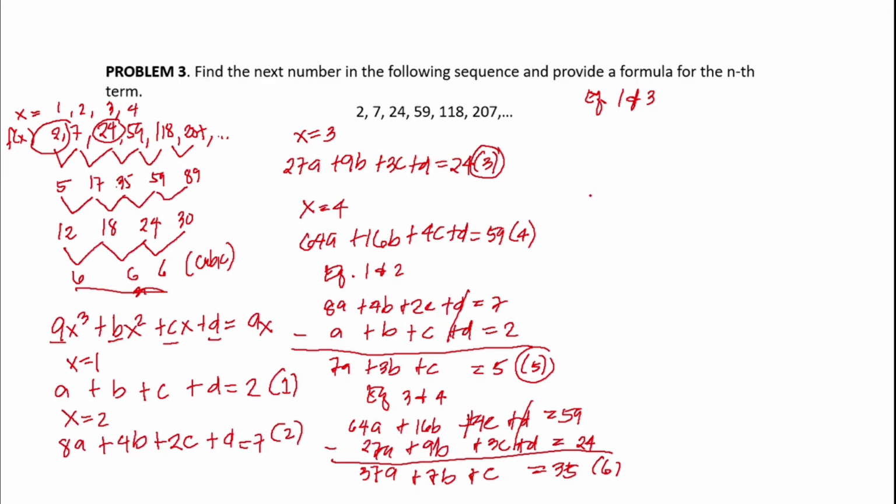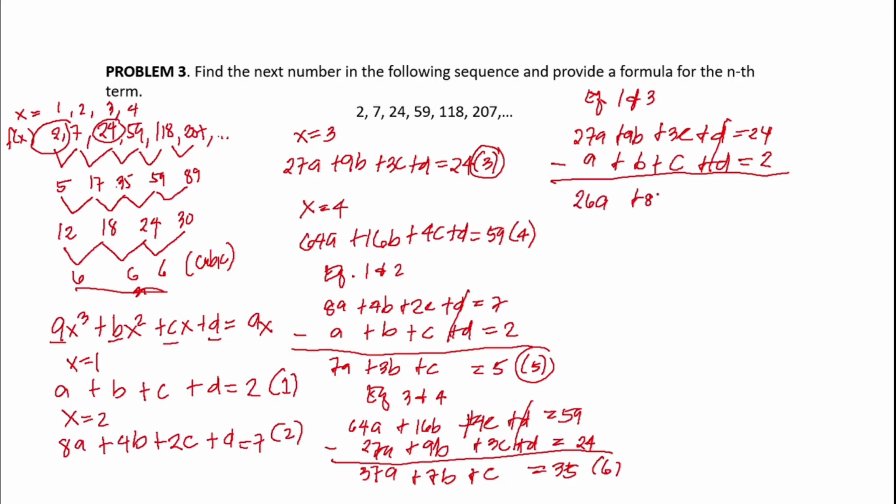So we have 27a plus 9b plus 3c plus d is equal to 24, minus a plus b plus c plus d is equal to 2. Okay, so we have cancelled this part. So this is 26a plus 8b plus 2c is equal to 22. So we have here equation number 7.